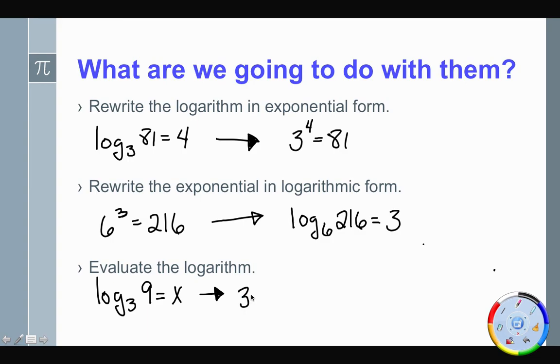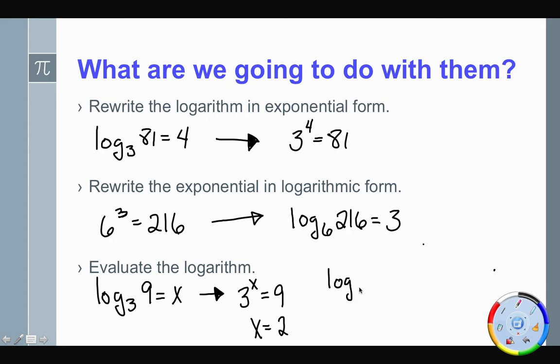So we're going to say this is 3 to the power of x is equal to 9. And we know that 9 is equal to 3 squared. So that means x is 2. For right now, they're going to be numbers that should be very familiar to us.